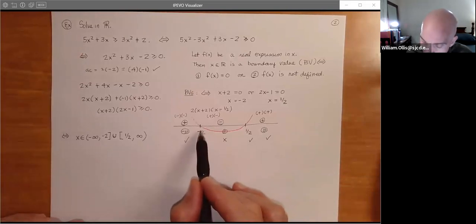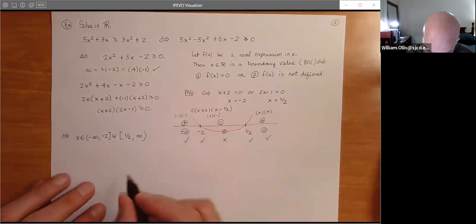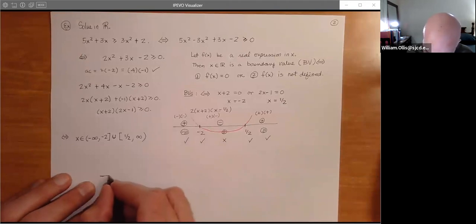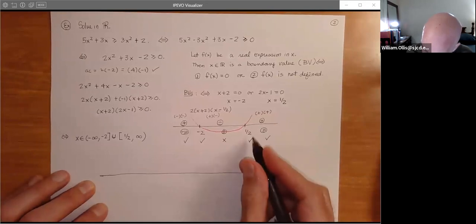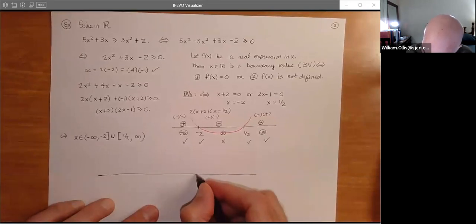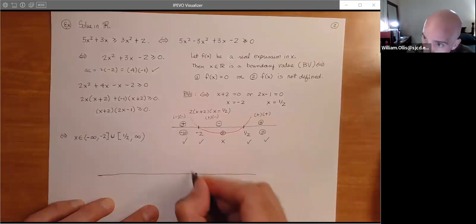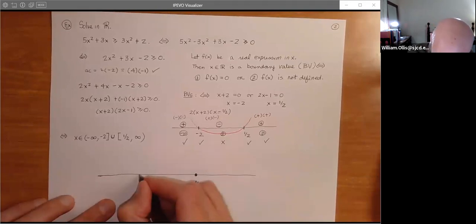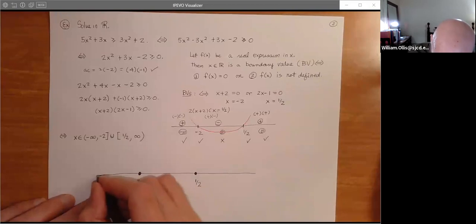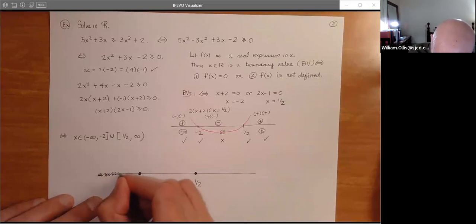So in your WebAssign, again, you're going to think of, if you did the number line, you could think of including the 1/2. So maybe you did a disk or a bracket. And of course, here you could have a disk at -2, and then the darker shading here.